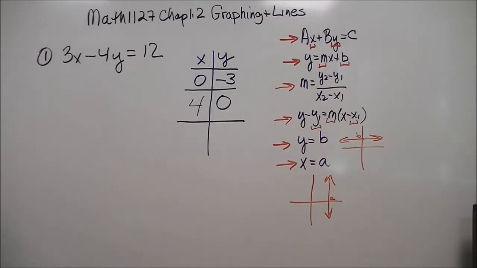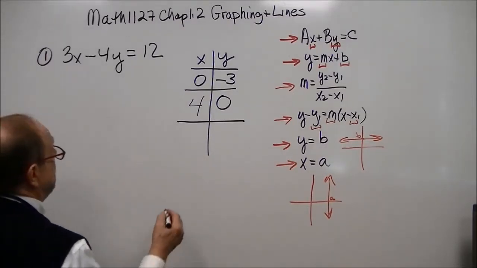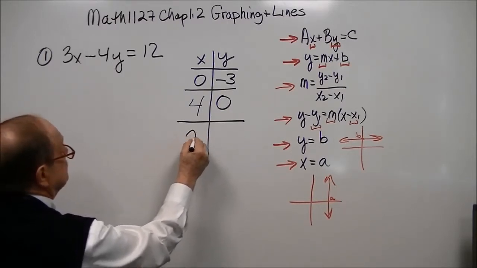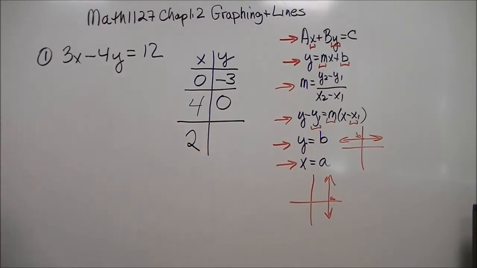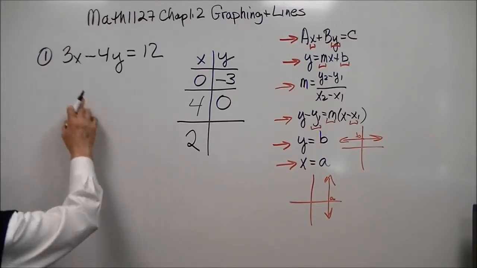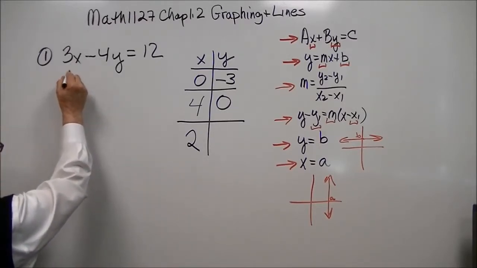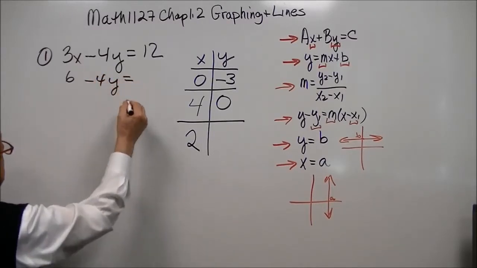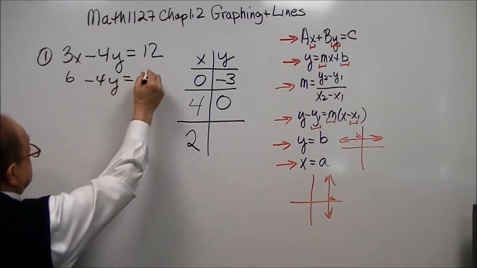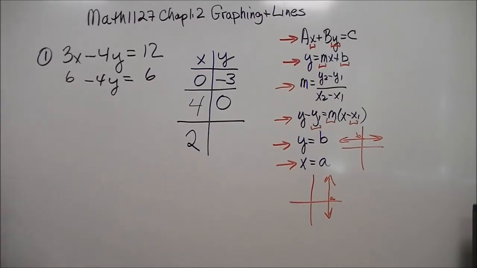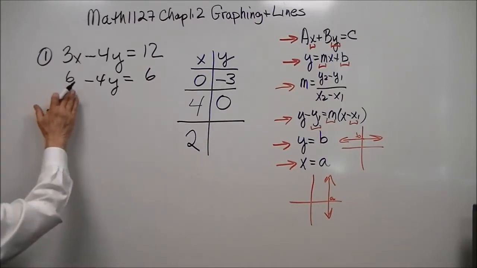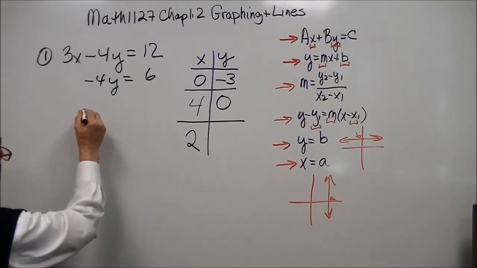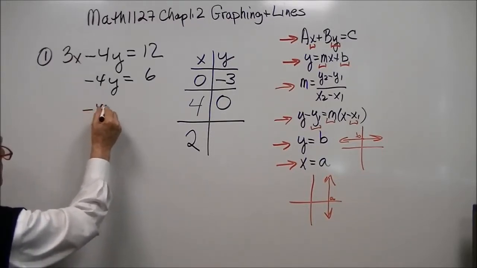So let's choose, how about if x is 2? And if x is 2, this will become a 6, and we subtract 6 from both sides. And we get -4y.